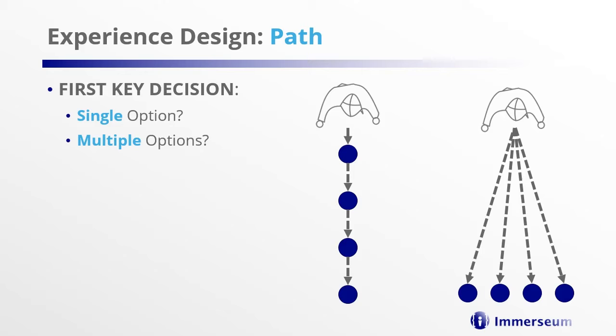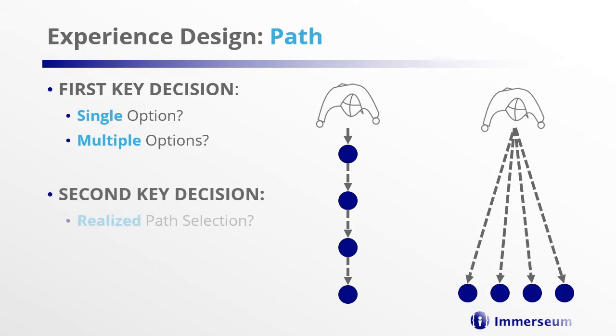If somebody has a single option, that's a little bit easier, with fewer moving parts to consider. But you still have to make choices around control. For example, if they've got a single path to follow, are they in control of when they progress from one moment in the sequence to the next? Or is control taken away from them? Do you, as the designer, enforce your own control as the director of the experience?